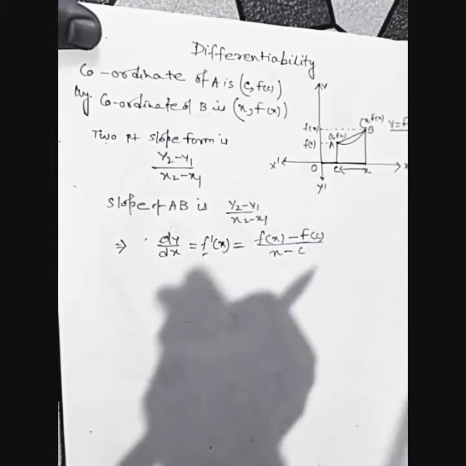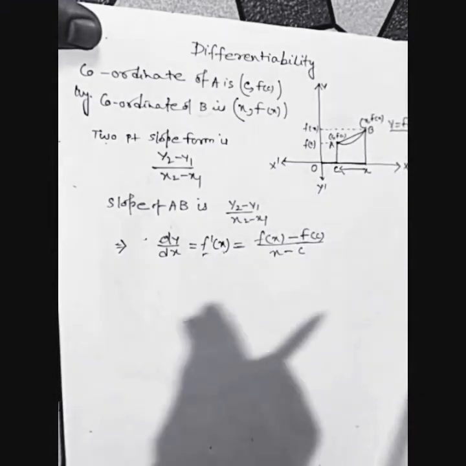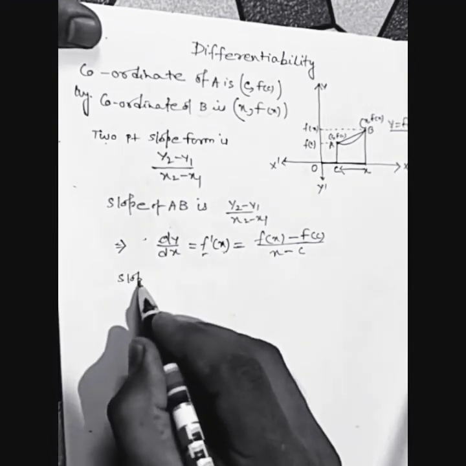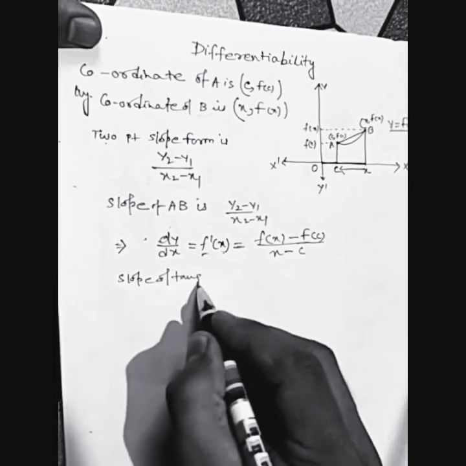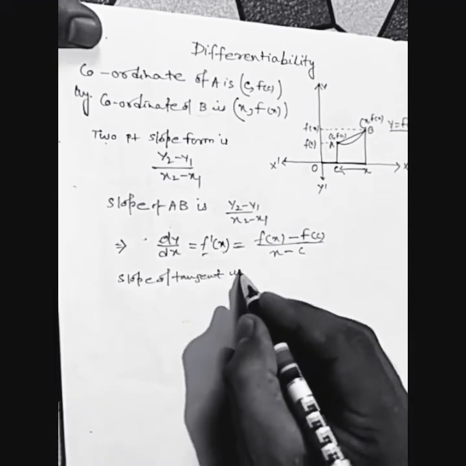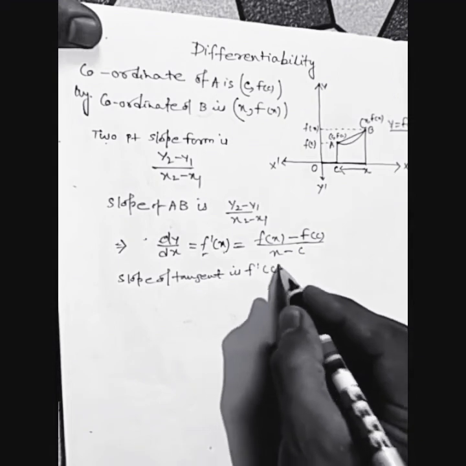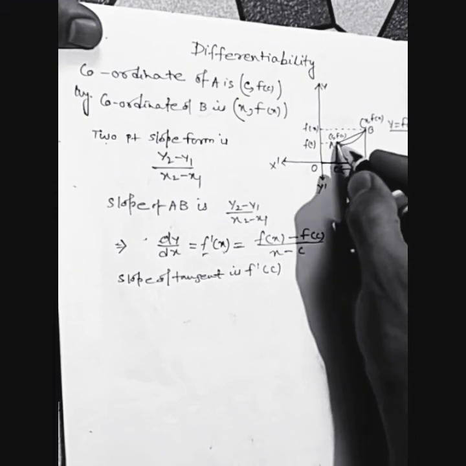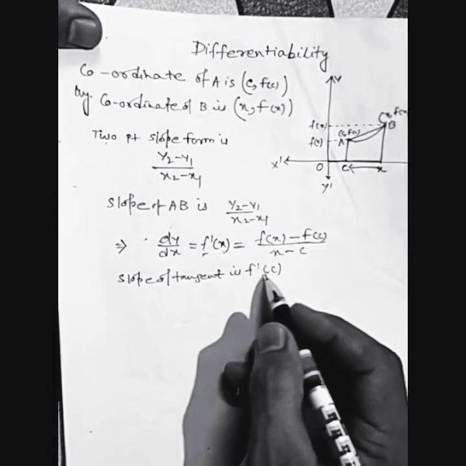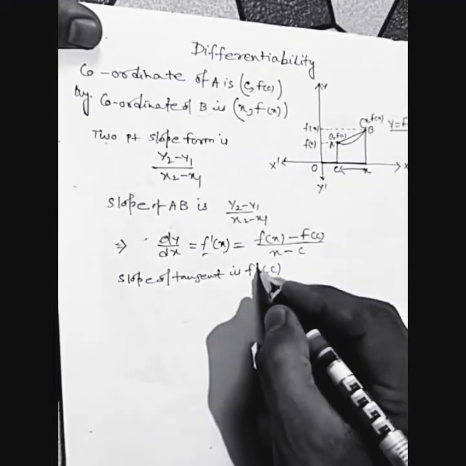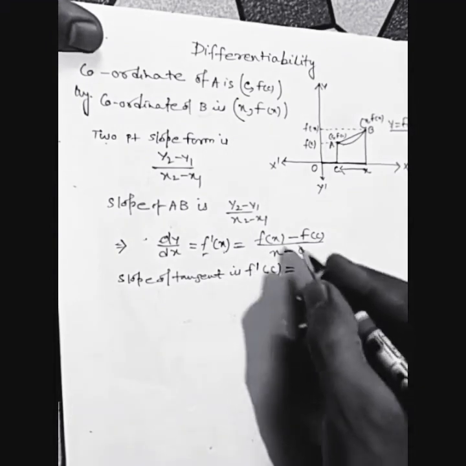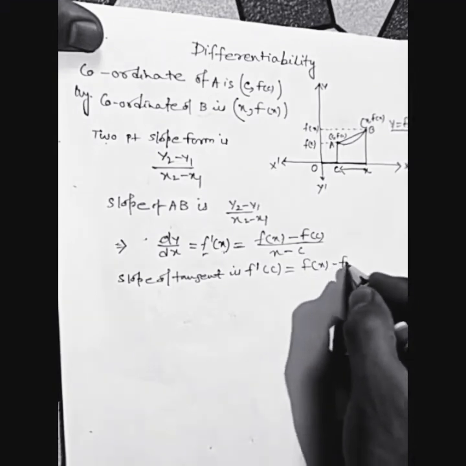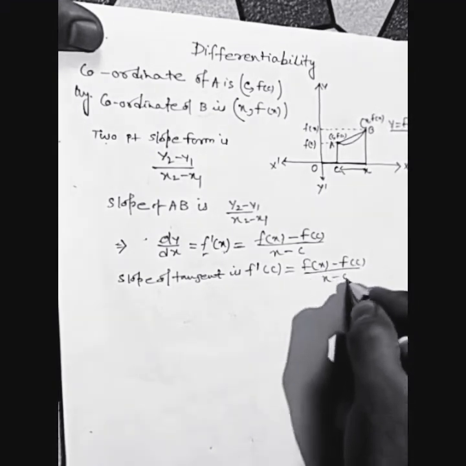At a single point you can draw only a single tangent. So the slope of the tangent is f dash c, replacing x by c because x tends to c. So this must be equal to the slope of the line, f of x minus f of c divided by x minus c.